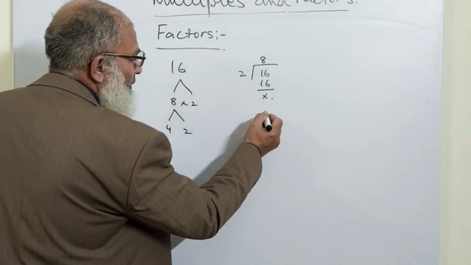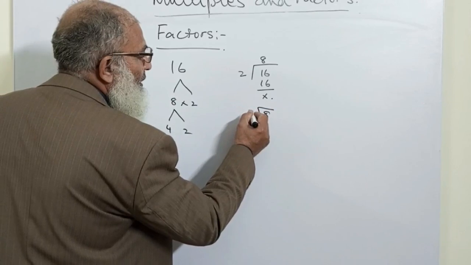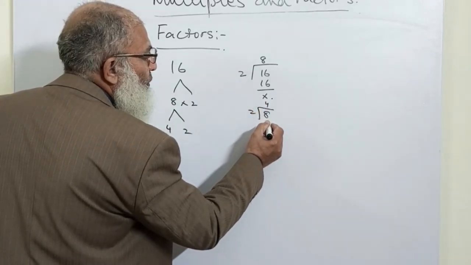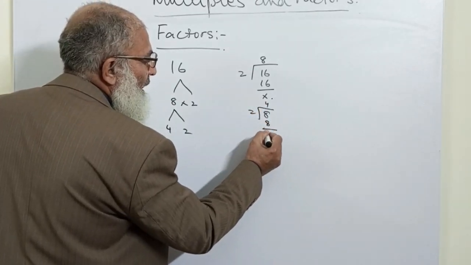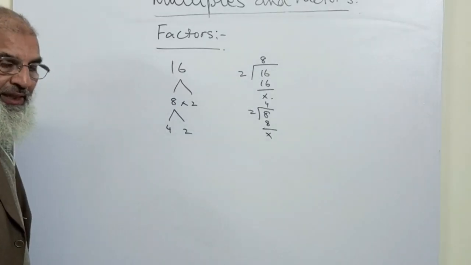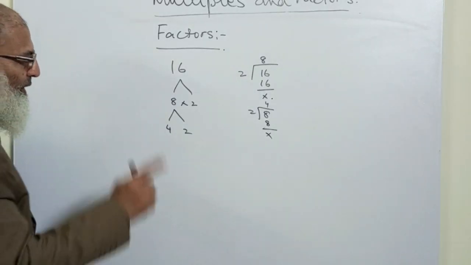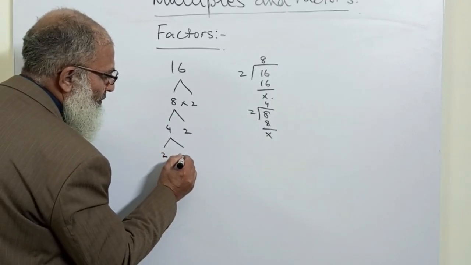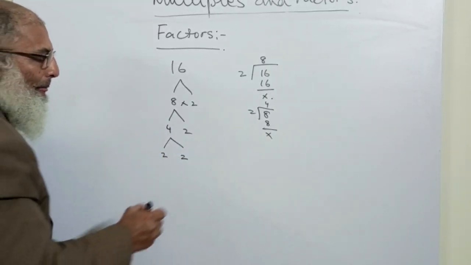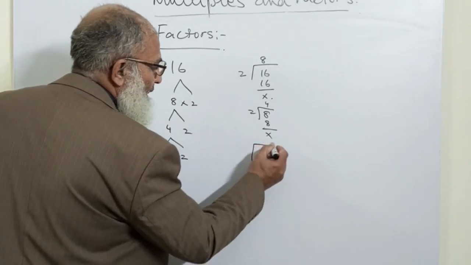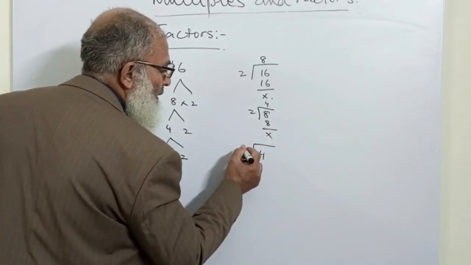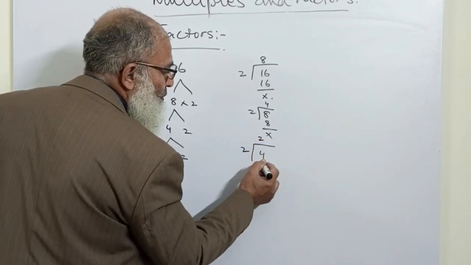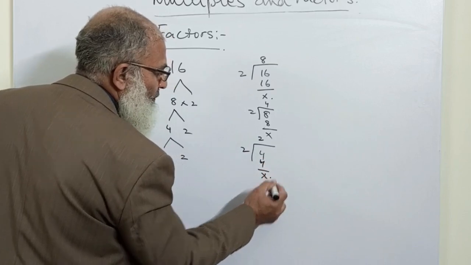You see, 8 when divided by 2 gives us 4 complete and it does not have any remainder. Then again, we do have one more, and that is 4, and when divided by 2, it gives us 2 with no remainder.